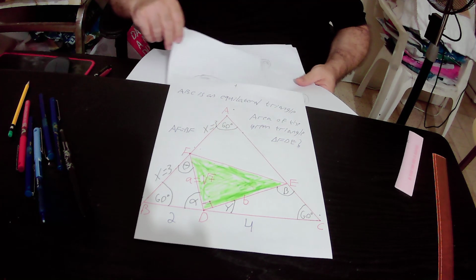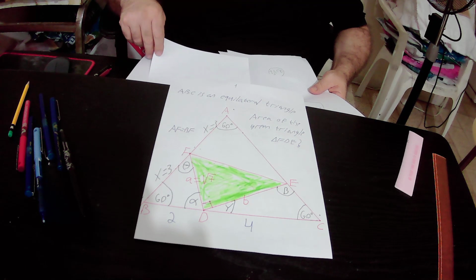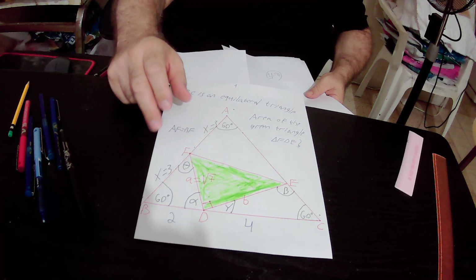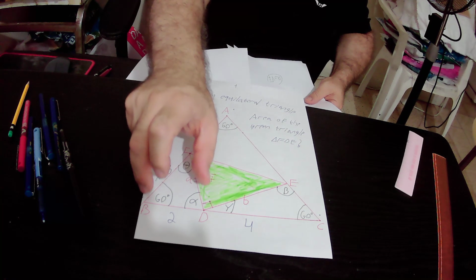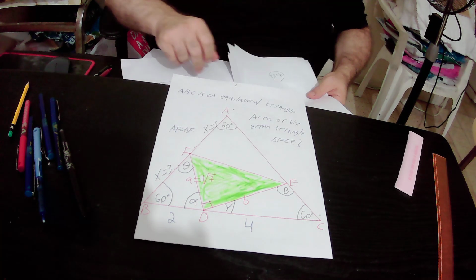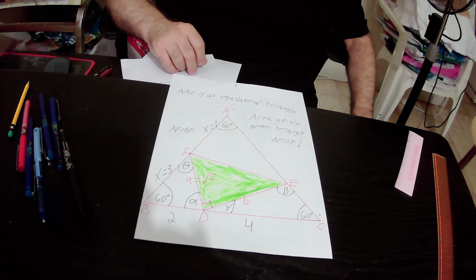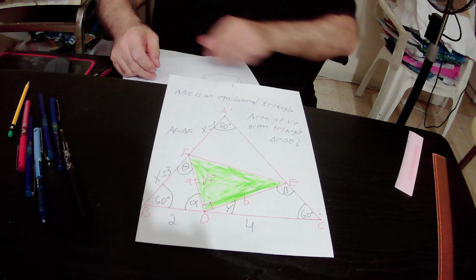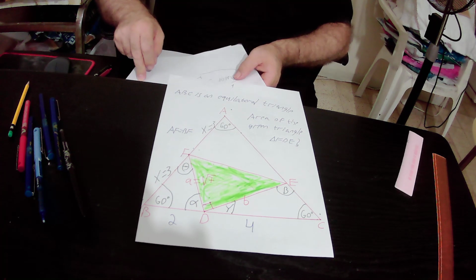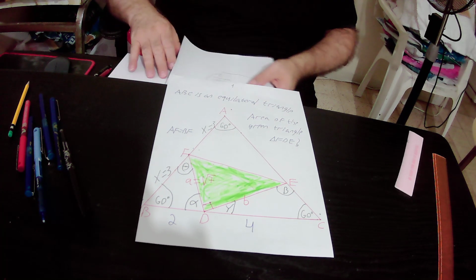And we also know that AF equals BF, and BD equals 2 units, and DC equals 4 units. And we want to find out the area of the green triangle FDE.